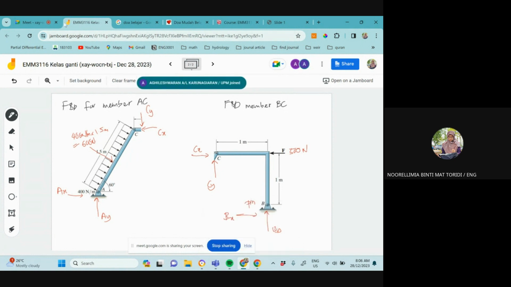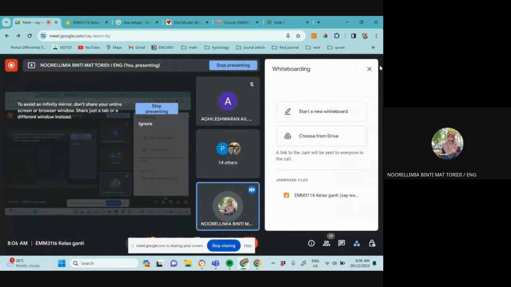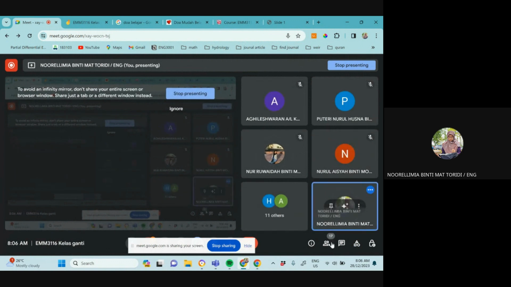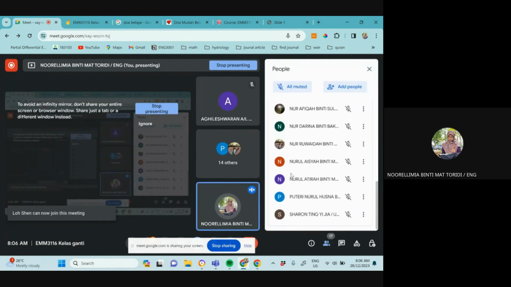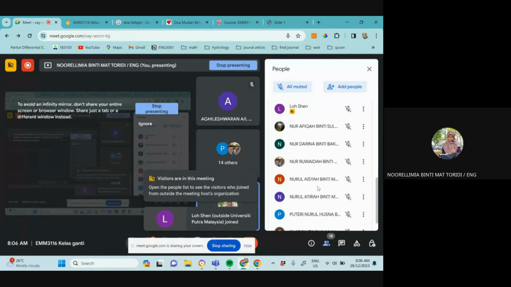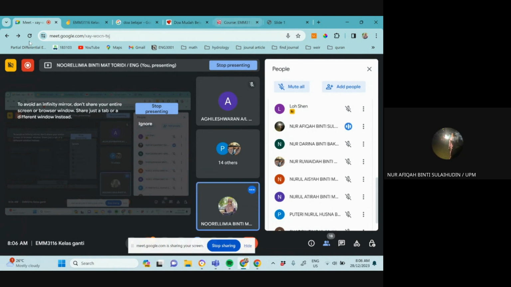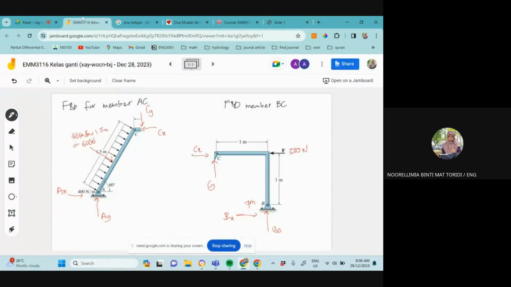Kejap, apa tadi? Okay, so kat sini Nur Afikah ada tak? Dengar ke? Ya. Okay, so from this, for these two free body diagrams, how many unknowns do we have?